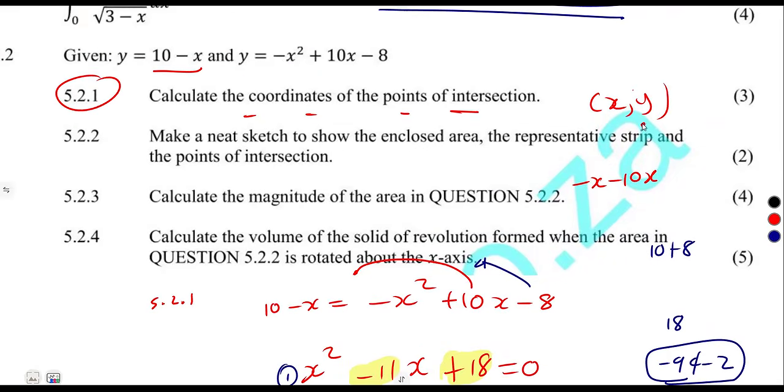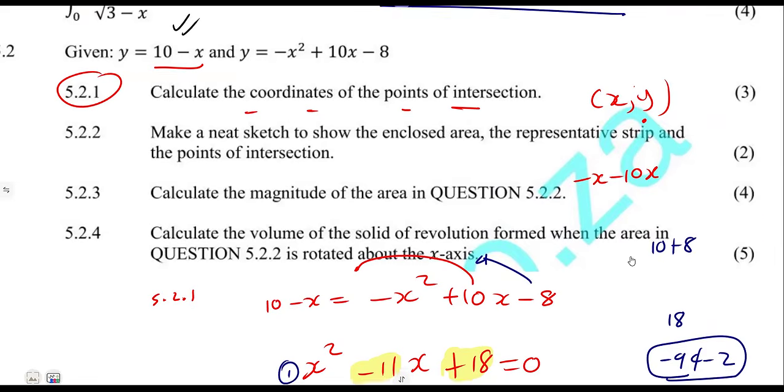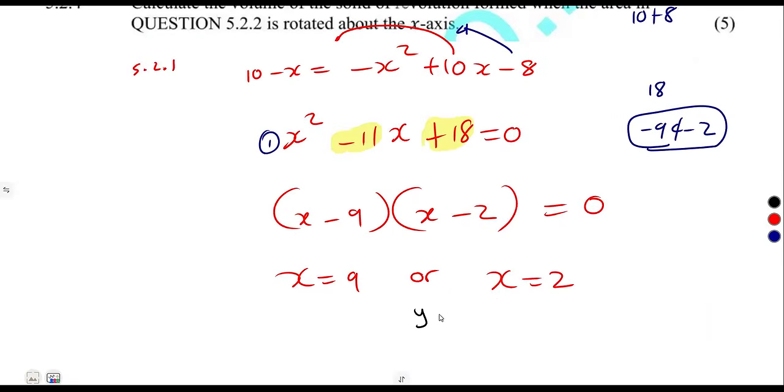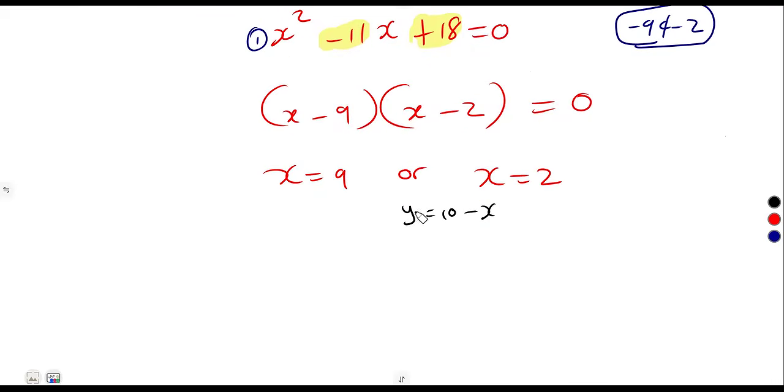So to find the y value, you can substitute in any one of these equations. So I'm just going to use 10 minus x. Since y is equal to 10 minus x, when x is 9, substitute 9 here. So that's 10 minus 9, that's 1.